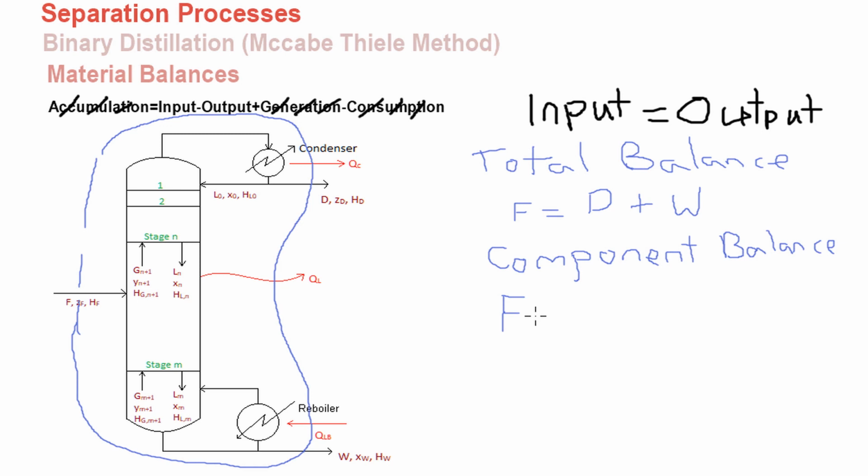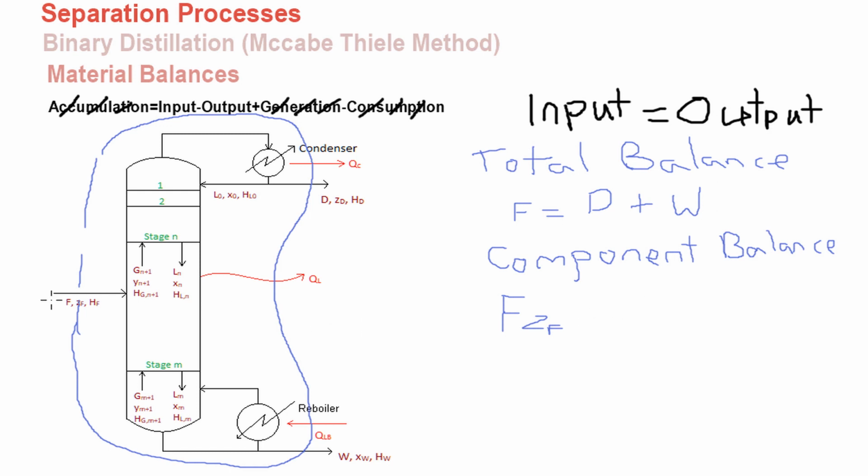In this case, it is ZF. Again, for the binary system, you will have two components within your feed, so therefore you will basically have a component ZF1 and ZF2. However, as I said, I'll be utilizing the mole fractions of the most volatile component. So this is the component balance for the most volatile component.